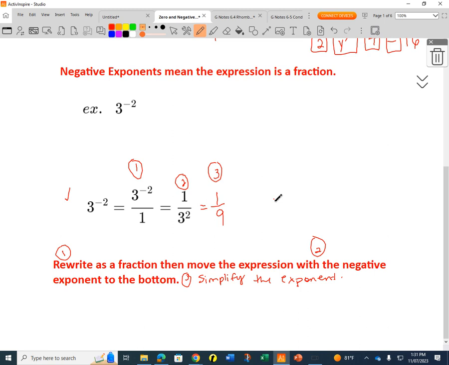When we simplify an expression that has an exponent in it, that means we have to get rid of the 0 exponents and we have to rearrange the power so there are no negative exponents anymore.